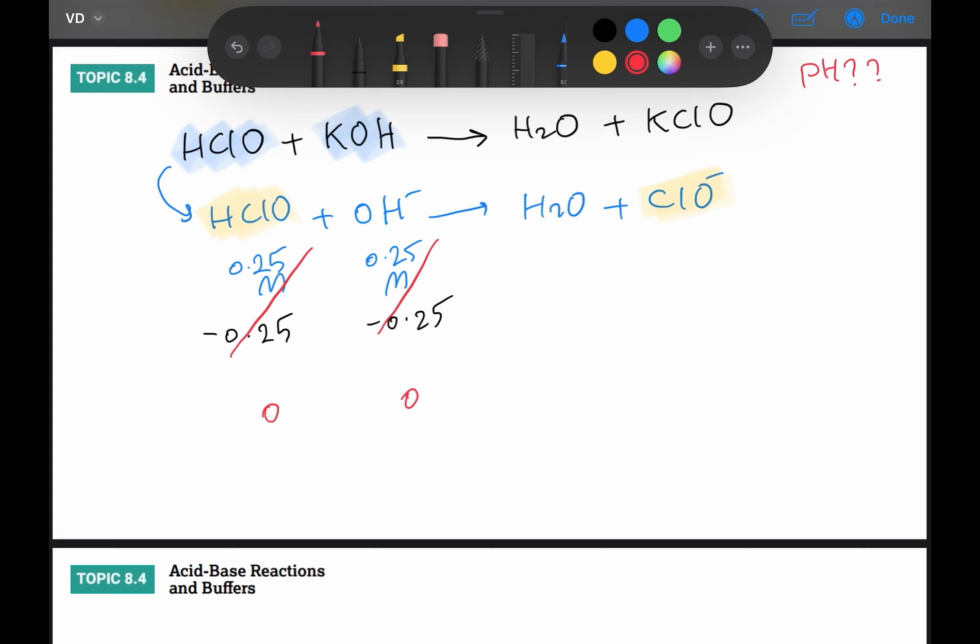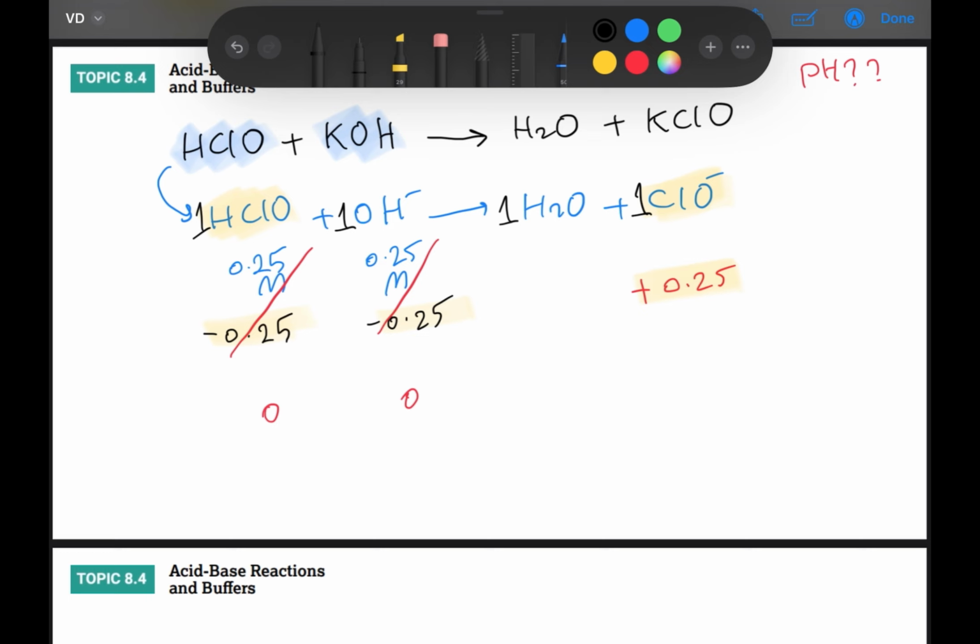Since we're subtracting here, we add the same magnitude to the products, so 0.25, but at that point it's a plus. Keep in mind the relationship between all of these species is 1 to 1, and that's why we did not multiply by 2 or 3 based on a factor.